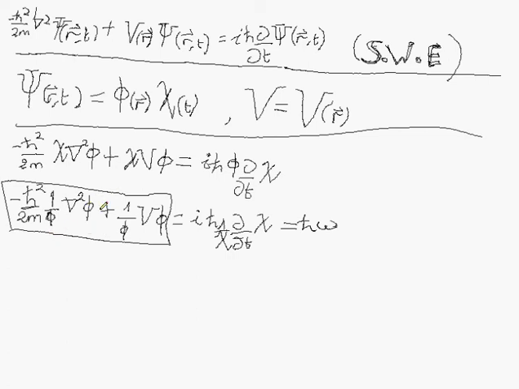This thing is going to be equal to h bar omega, the total energy of the particle. This, if we skip out this little bit in the middle, is the time-independent Schrödinger wave equation.